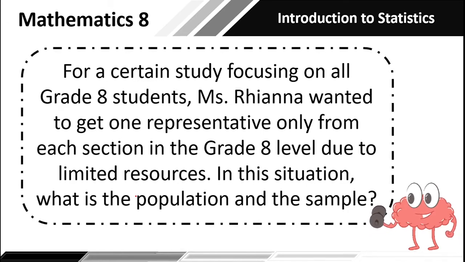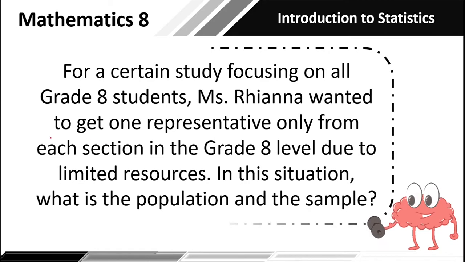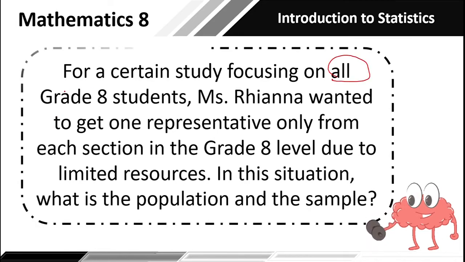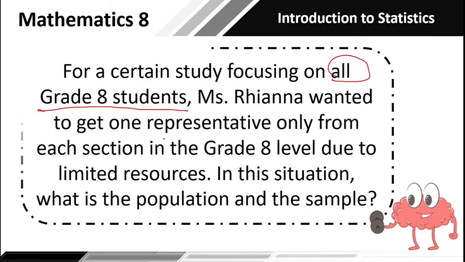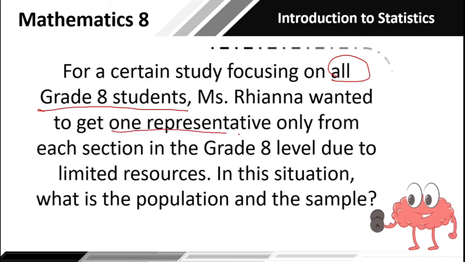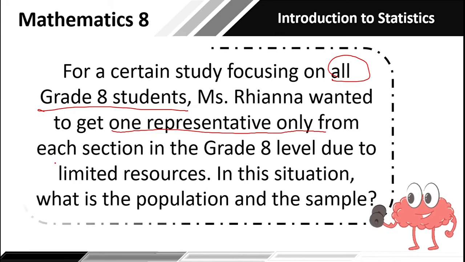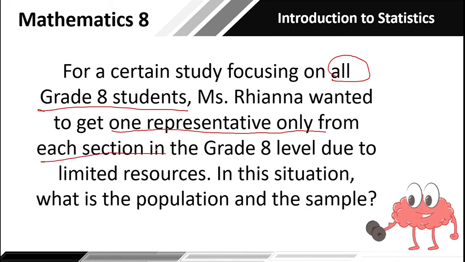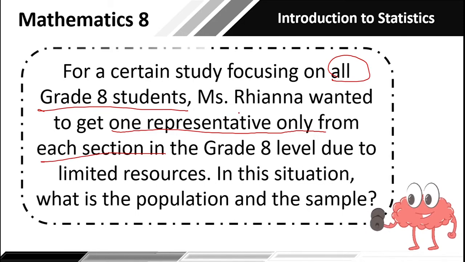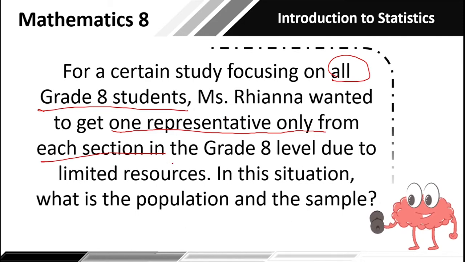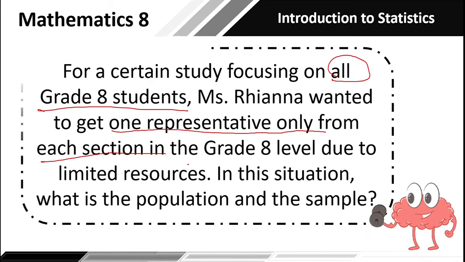The population in this given problem are all grade 8 students, and the sample is one representative from each section. So by means of this, we identify what is the population and what is the sample on a given problem.